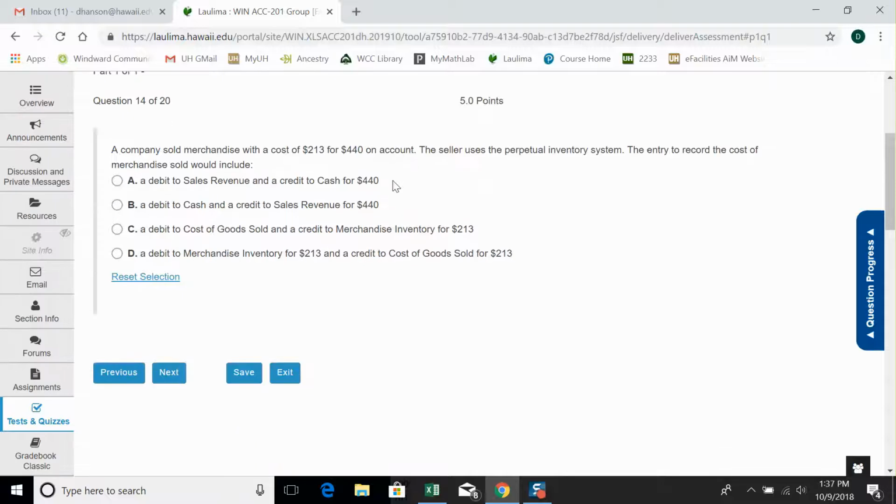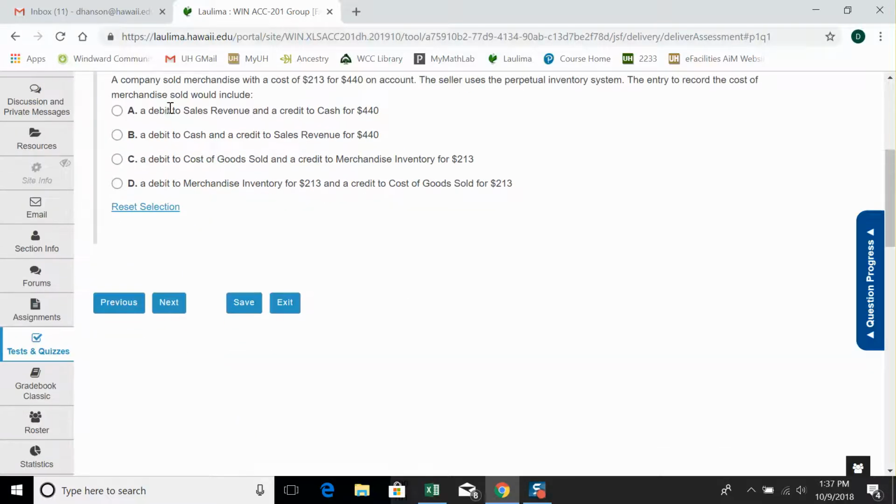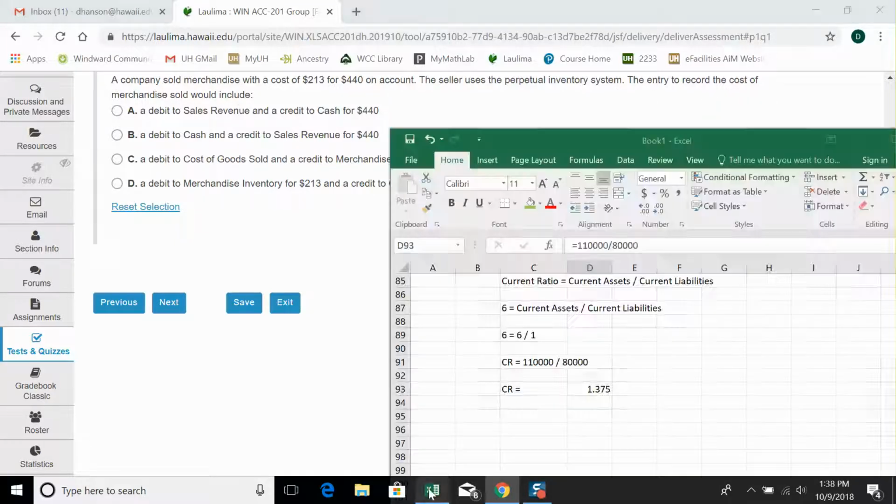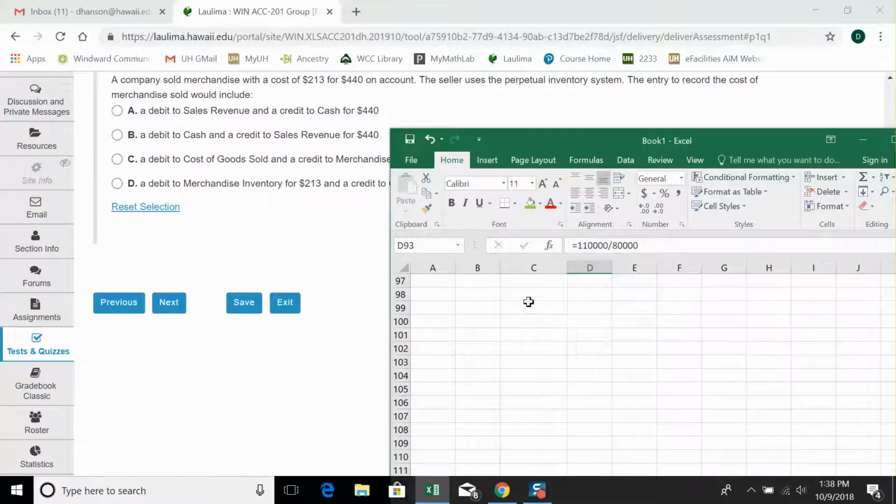It says, okay, now 14 of 20. A company sold merchandise with a cost of $213 for $440 on account. The seller uses the perpetual inventory system. The entry to record the cost of merchandise sold would include. So it's probably important for us to look at the whole entry.